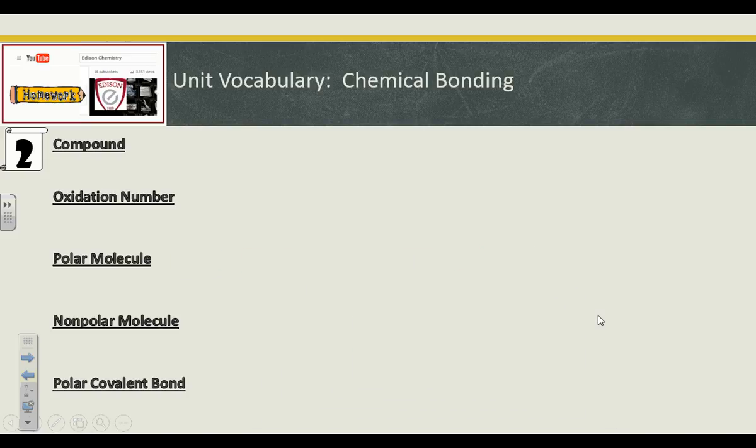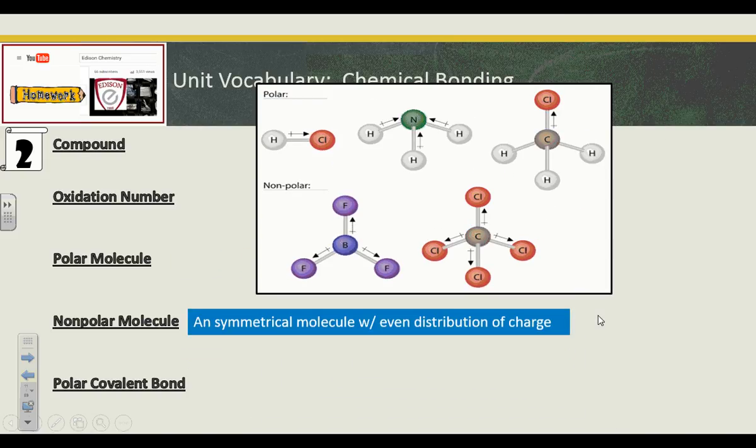molecule. A nonpolar molecule, on the other hand, is one that is symmetrical. So there are planes of symmetry, and therefore you have an even distribution of charge around the molecule. When we cut them along a plane, it's the same on either side. So it's a symmetrical sharing of the electrons.